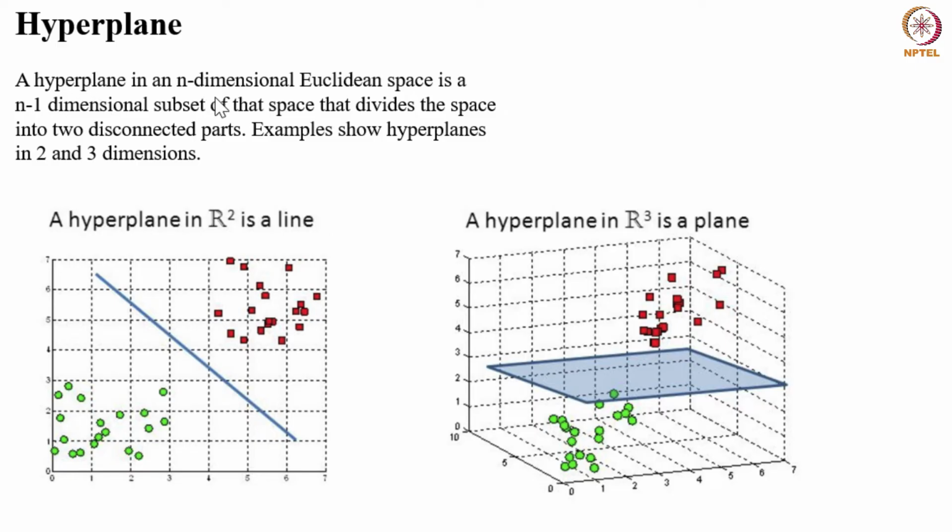So if we have a 2-dimensional space, which we have to the left, a hyperplane is a line. If we have a 3-dimensional space, the hyperplane is a plane, and so on. It's a little more tricky to illustrate how a hyperplane actually looks in higher dimensions.